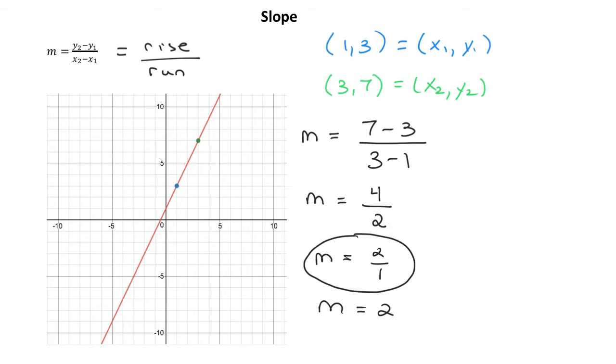So the rise would be, we went up 2, and the run is we went over 1. So over 1, up 2, over 1, up 2, over 1, up 2. This holds for every point that you choose on the graph. So this is what slope tells you. It tells you that if you start at a particular point, how far you go over and then up will take you back to another point on the line.